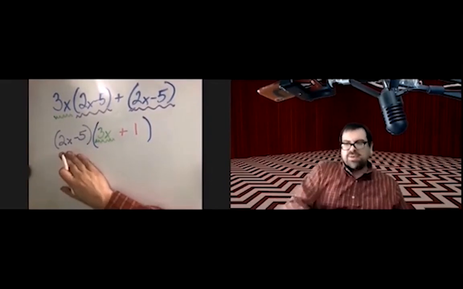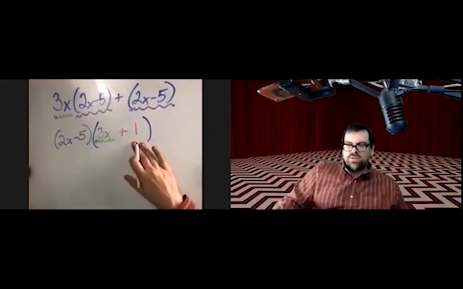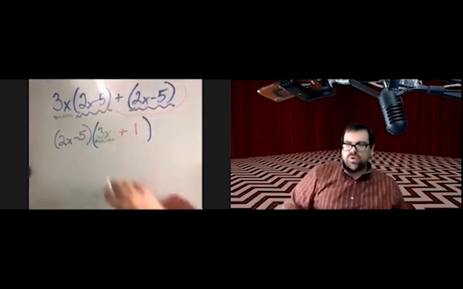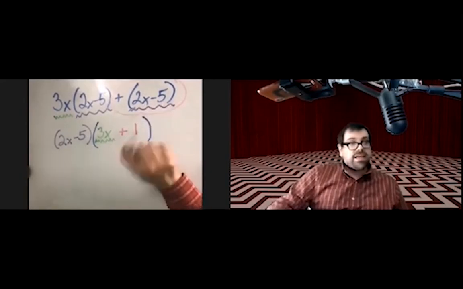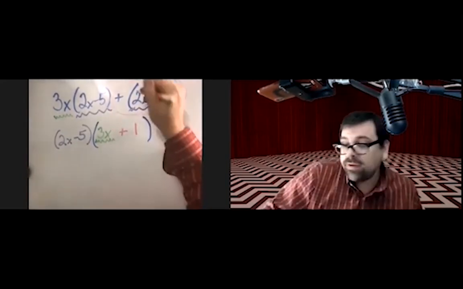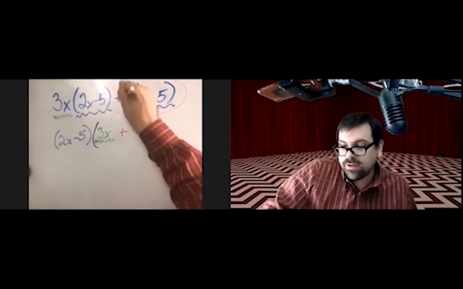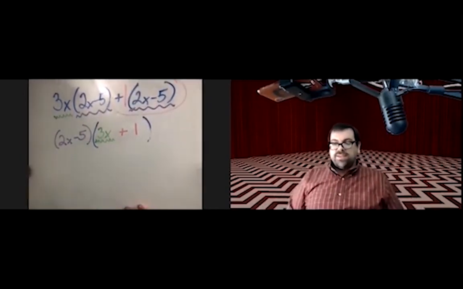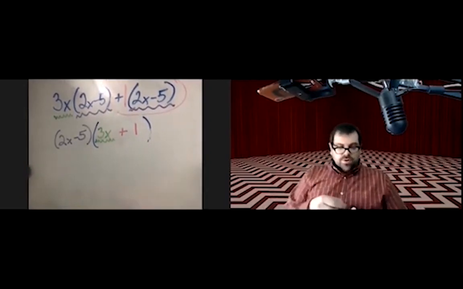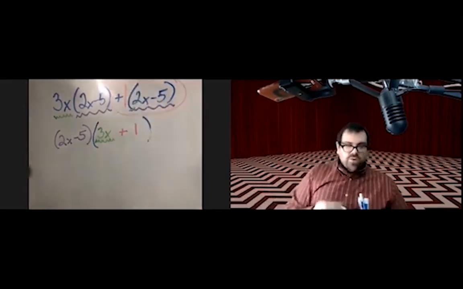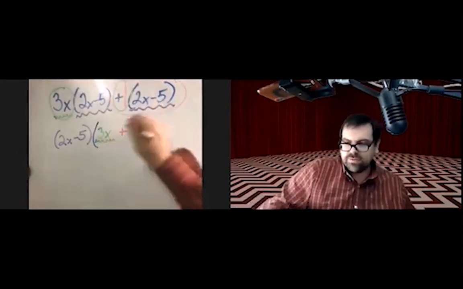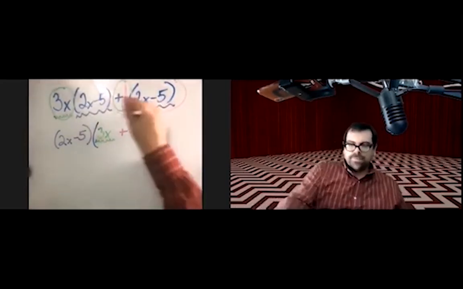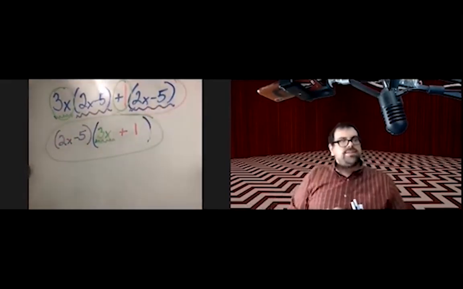Positive 1. 2x minus 5 times 1 is 2x minus 5. We can imagine that when we have plus this thing in parentheses, we have plus 1 of these things in parentheses. If we write in the imaginary 1, then to get this leftover piece, we could just do 3x plus 1. And we get that as the answer.